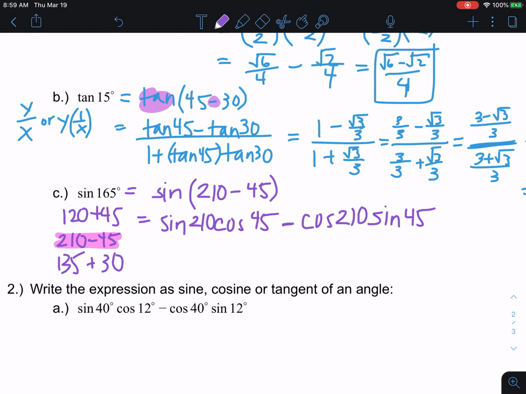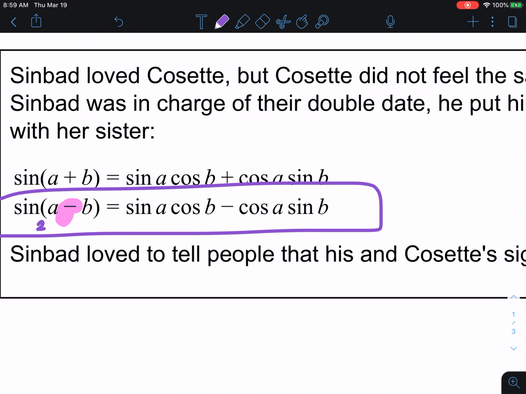This is where the order really does count, because it's subtraction, right? So it's 210 minus 45. So that means anytime you have an A, it's going to be 210, and the B becomes 45. Okay.